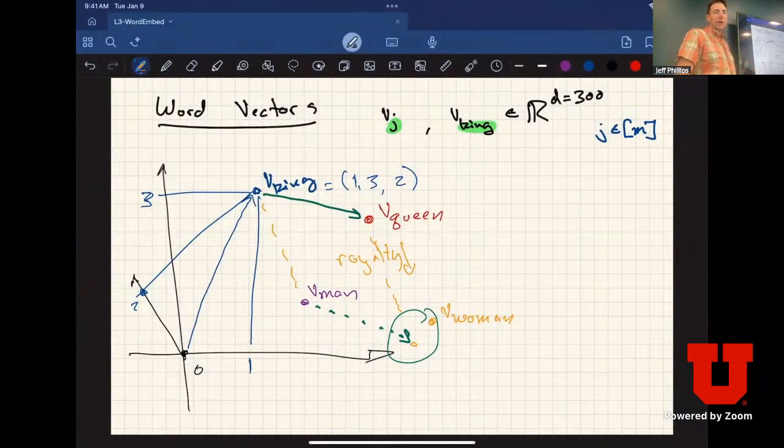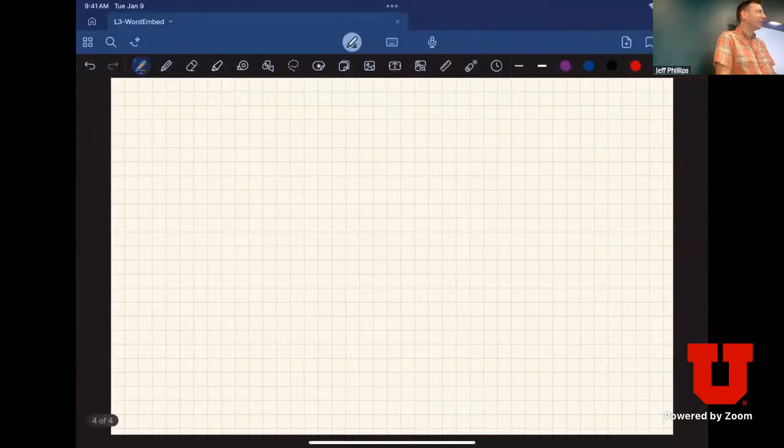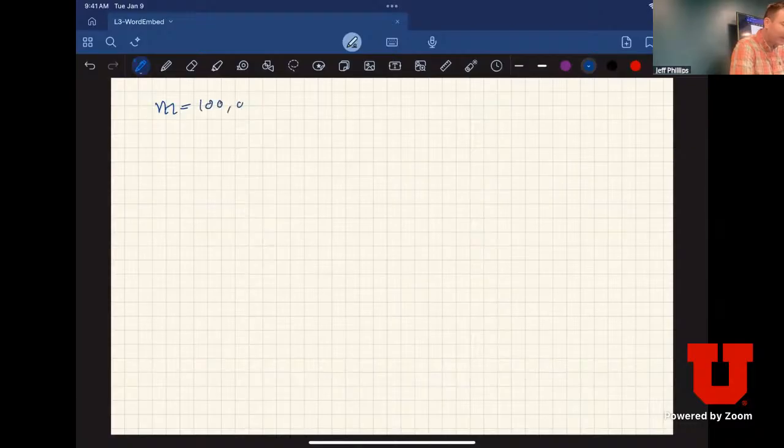All right, so let's get onto the big question: how do we get these vectors? I don't want to just encode them by hand, because as I mentioned, we'd like to do this for m equals something like 100,000 words.